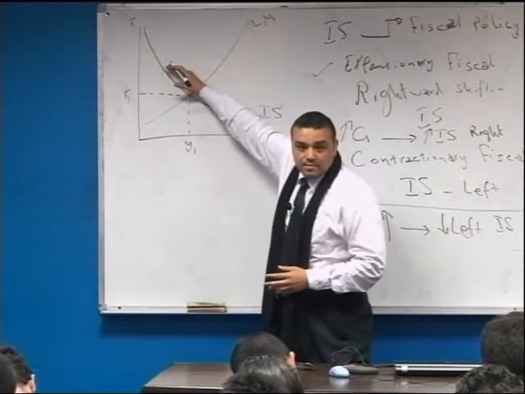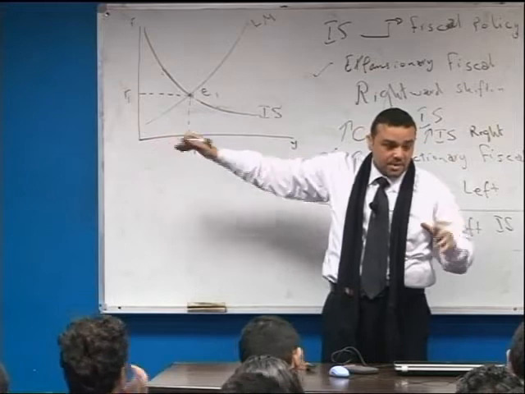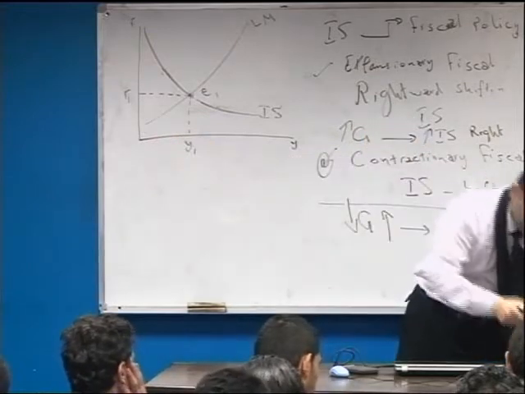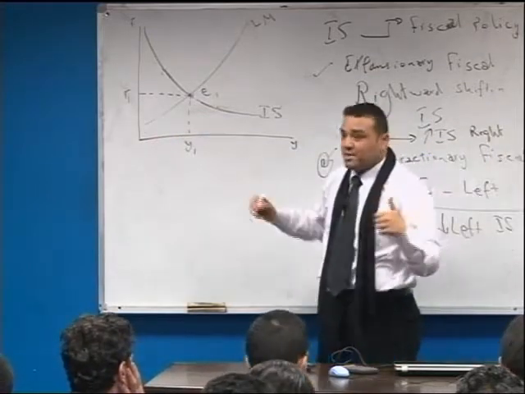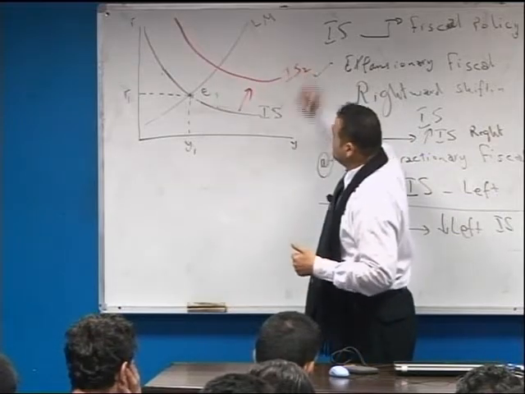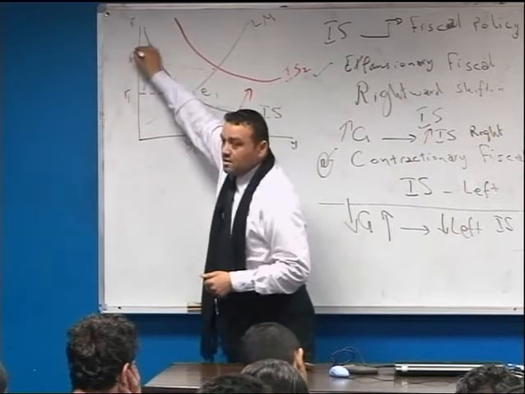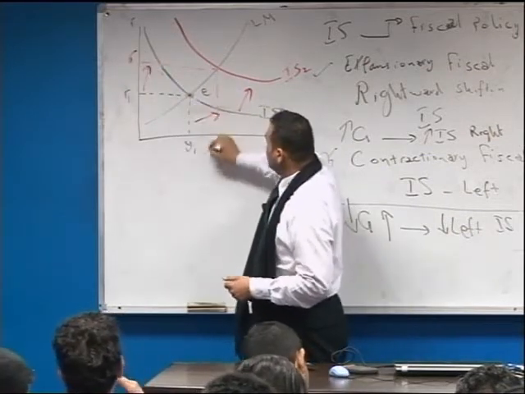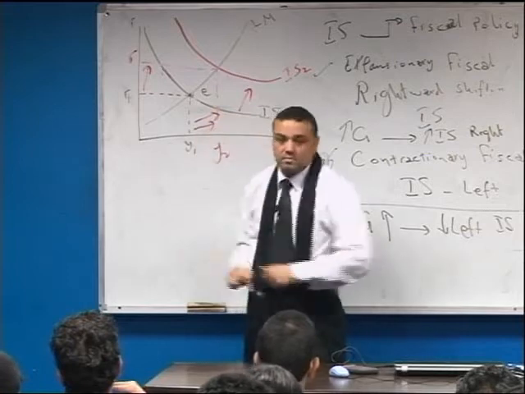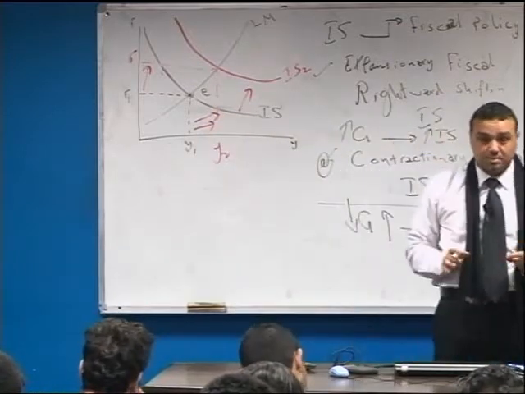Contractionary fiscal policy leads to a leftward shifting in the IS. So here, expansionary fiscal policy shifts the IS from left to right to IS2, and this leads to an increase in R and an increase in Y. This is expansionary fiscal policy.